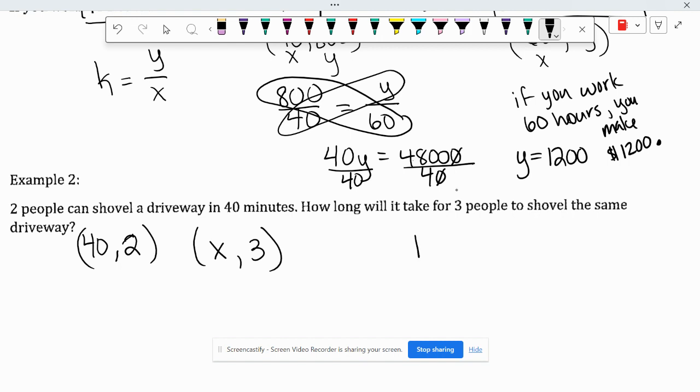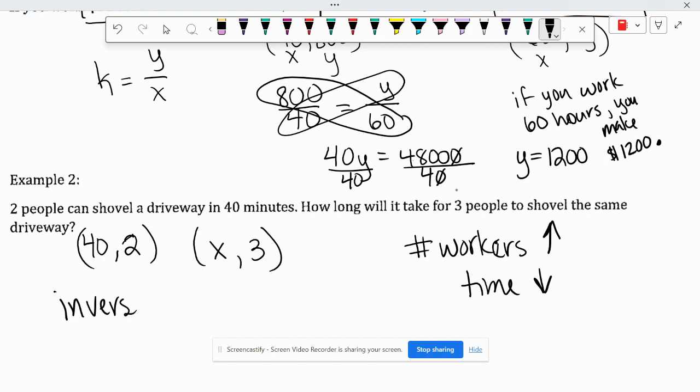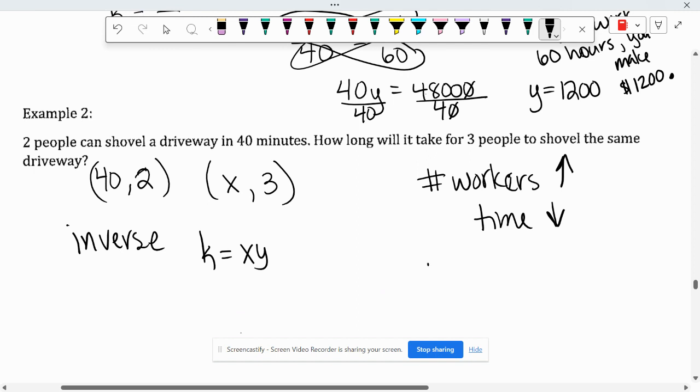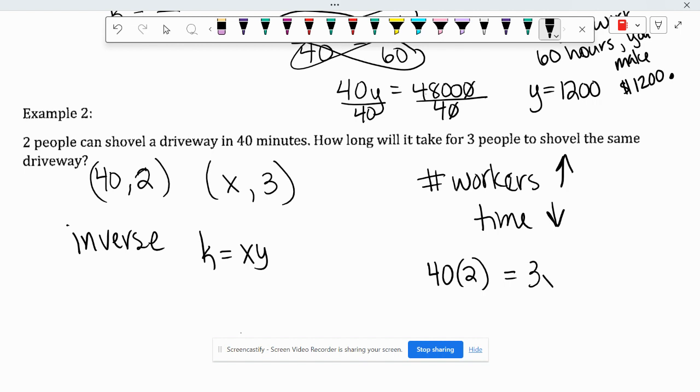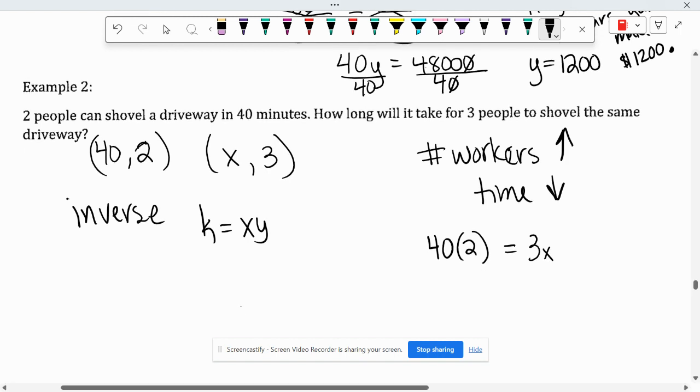So as the number of workers increases, the time decreases. So this is going to be inverse, right? An inverse variation. Remember that the constant is x times y. So 40 times 2 equals 3 times x. Well, 40 times 2 is 80 equals 3x.